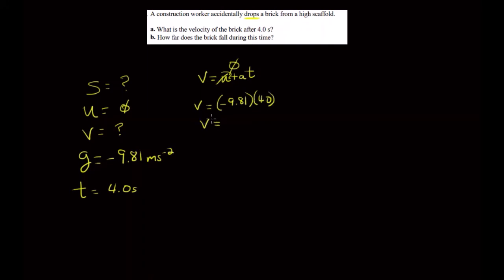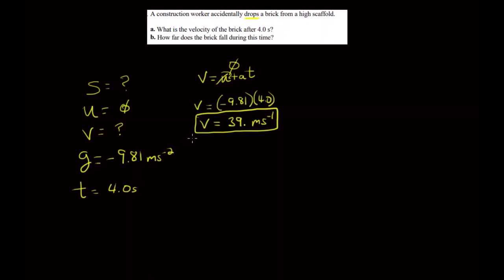So the velocity is 39.2. We'll just say 39. We'll go with 2 significant figures here because that's all we've got up here in the problem. Meters per second. So 39 meters per second is its final velocity, which is pretty fast.